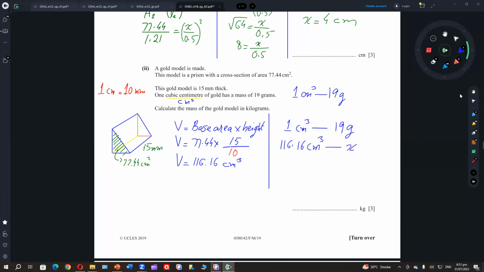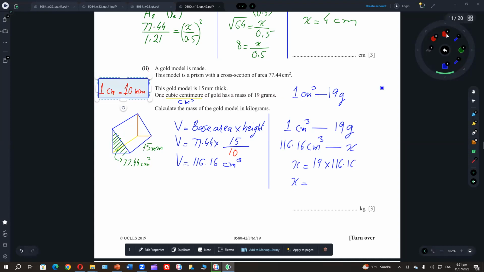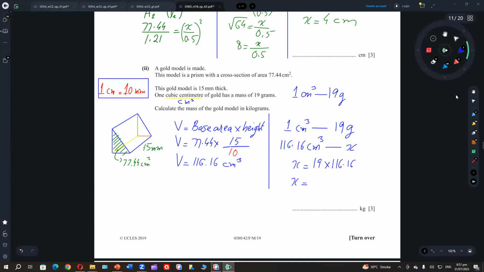Let's say x. x is equal to 19 into 116.16. So it's 2207.04.